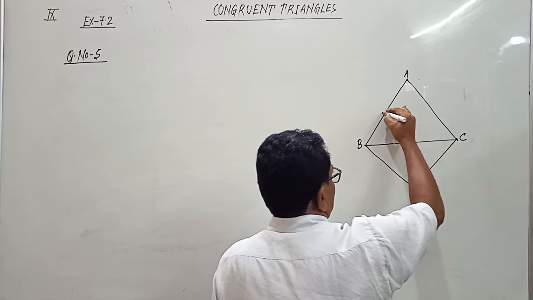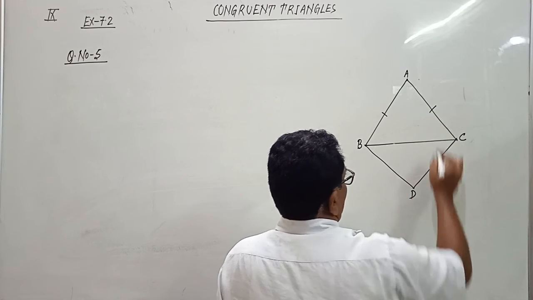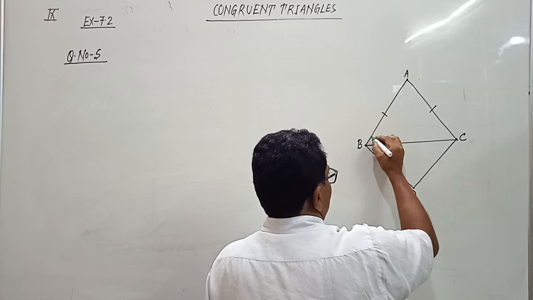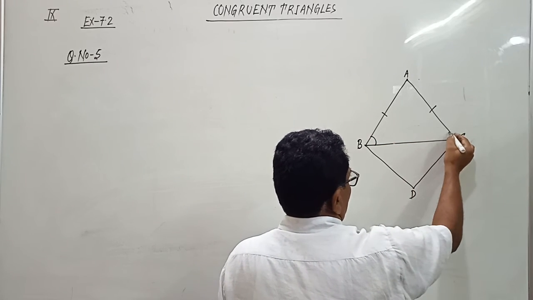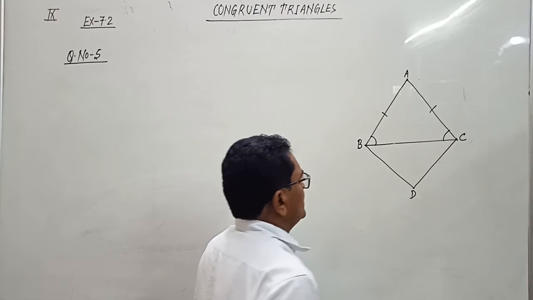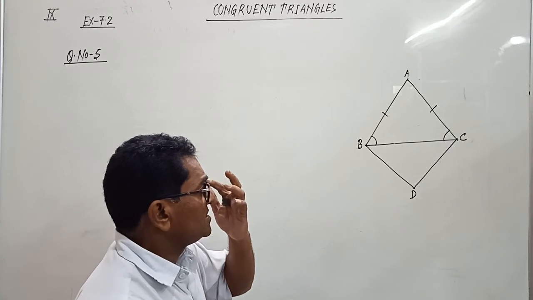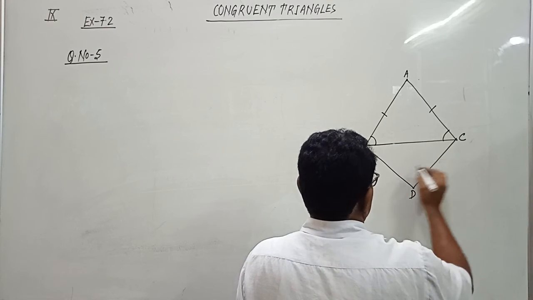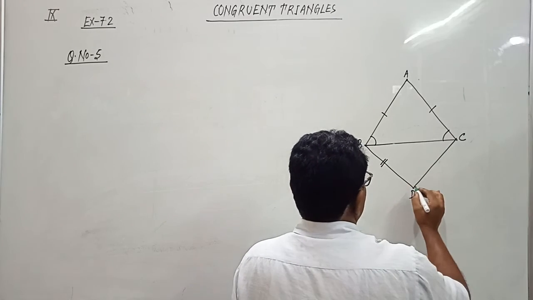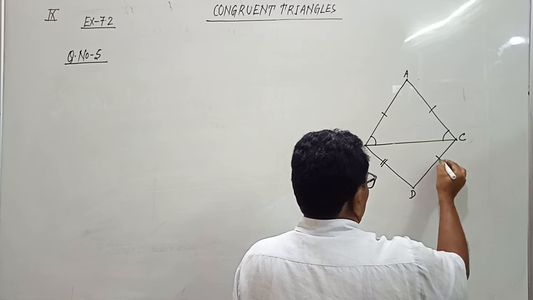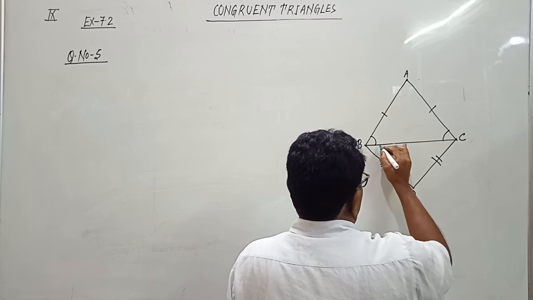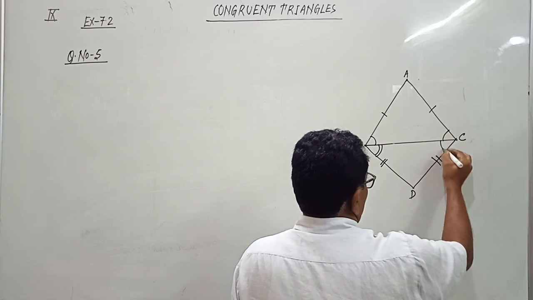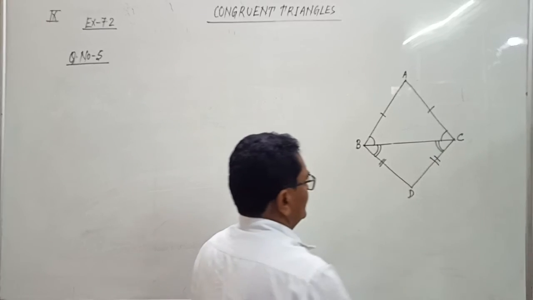ABC is isosceles, which means side AB equals side AC, and angle ABC equals angle ACB. And triangle DBC is isosceles, which means side DB equals side DC, and angle DBC equals angle DCB.